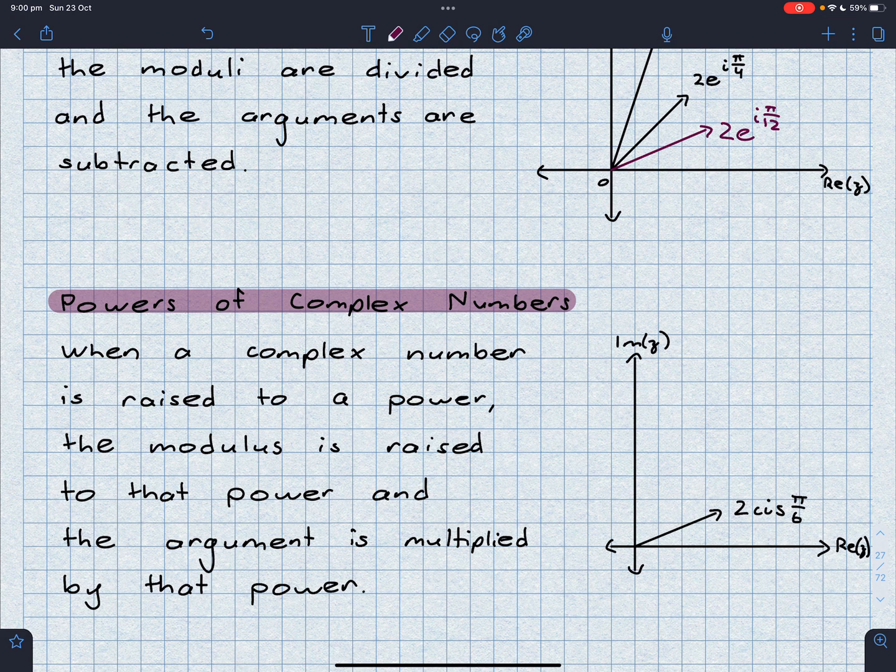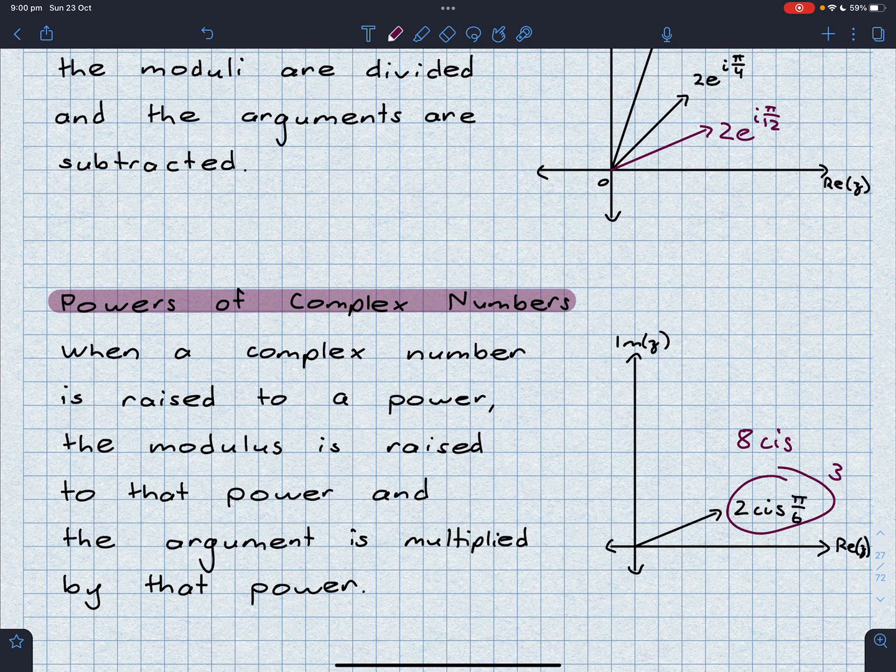For powers of a complex number, we know that when we raise a complex number to a power, we raise the modulus to that same power. So if I want to work out what this complex number is cubed, then I would cube the modulus. So I'm going to end up with 2 cubed, which is 8. And then I multiply the argument by that power.